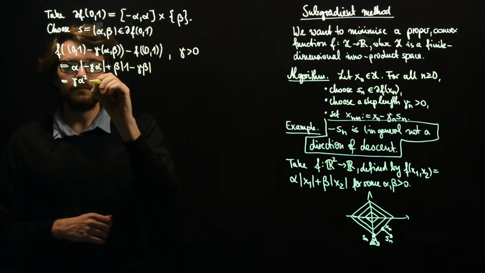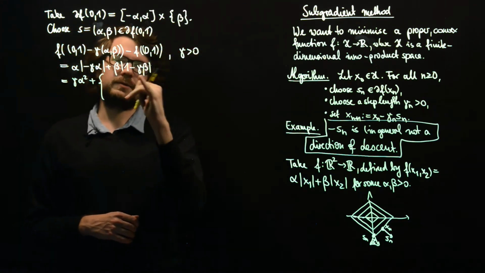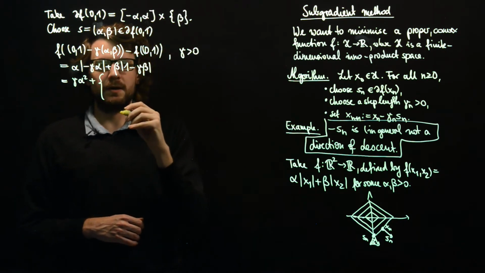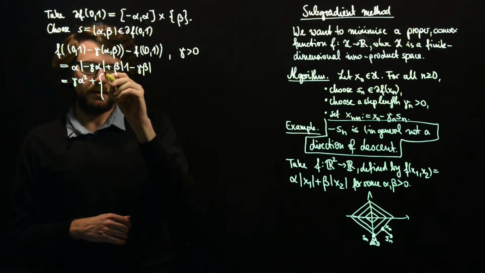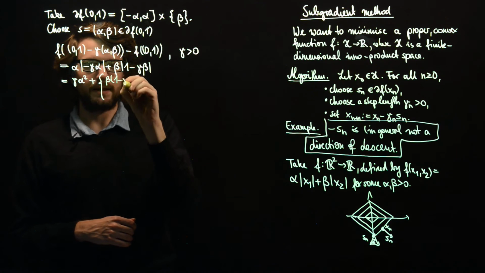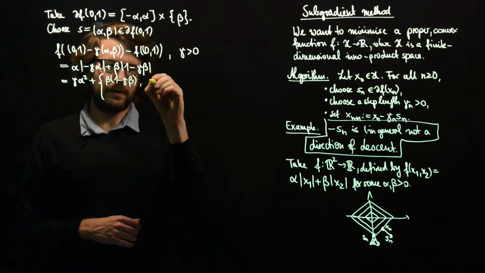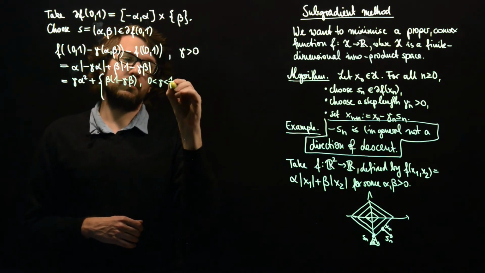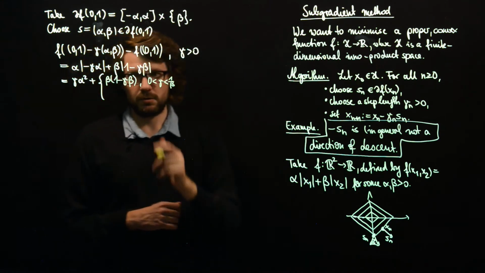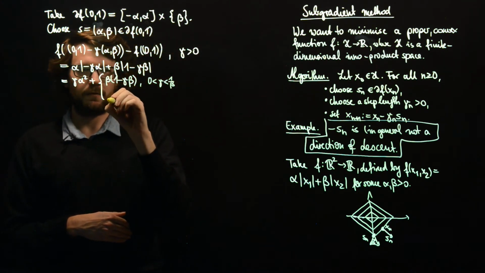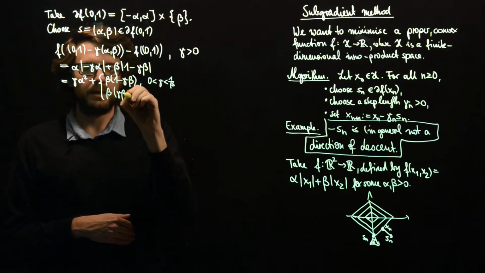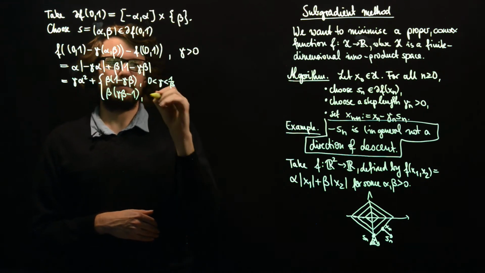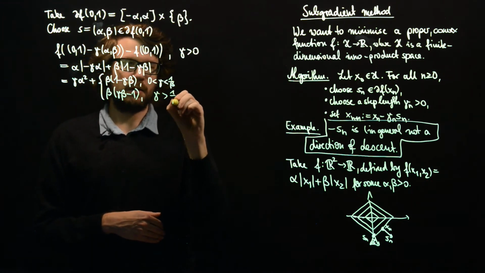And then you can distinguish two cases. The first case is that gamma is small enough so that this absolute value is positive. So then this will be beta times (1 minus gamma beta), for gamma between 0 and 1 over beta, I guess. Yeah, looks right. And otherwise you have beta times (gamma beta minus 1), for whenever gamma is larger than 1 over beta.